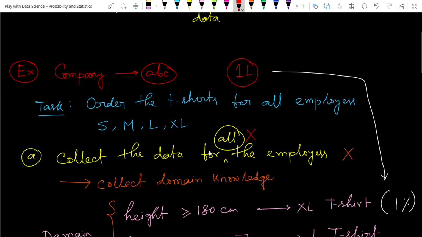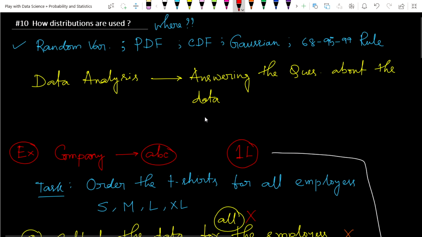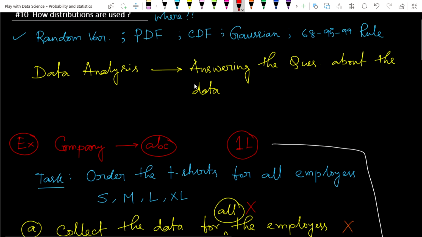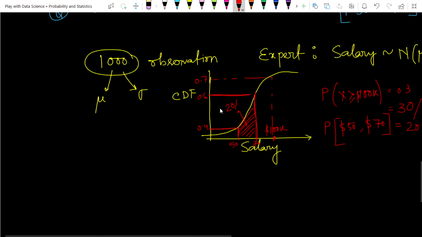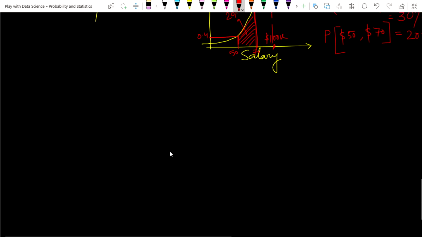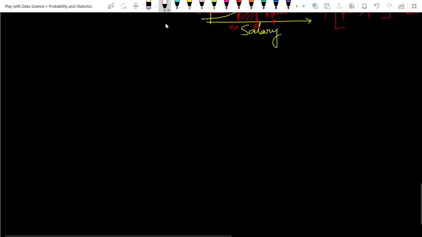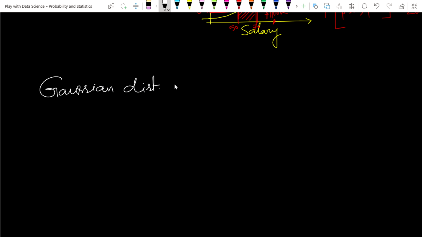So I think you have understood the idea of how the probability density function, the cumulative distribution function, and the Gaussian random variable are useful in the real world. The Gaussian distribution that I have used gives us simple conclusions, a simple theoretical model.